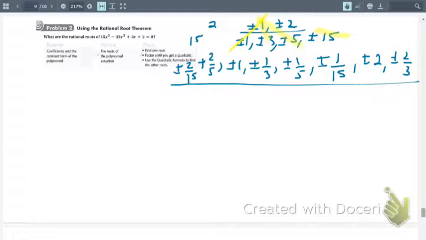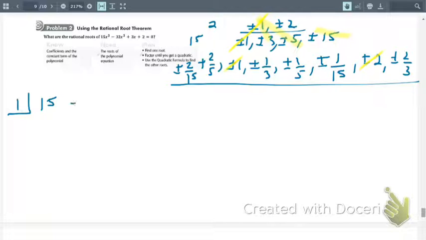Honestly, we just have to test. Plus or minus 1 and plus or minus 2 are easy to test. So let's see if 1 is a rational root. I'm going to put 1 in the box and divide synthetically.